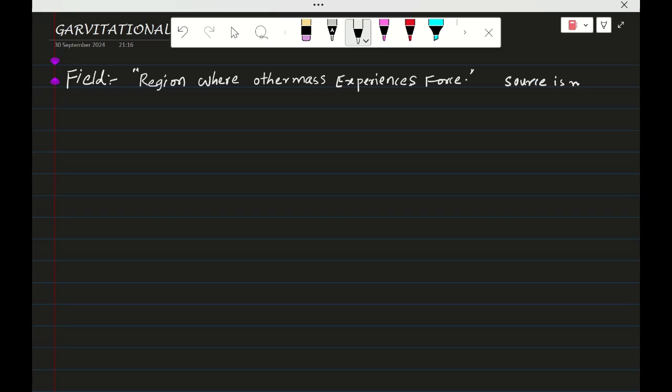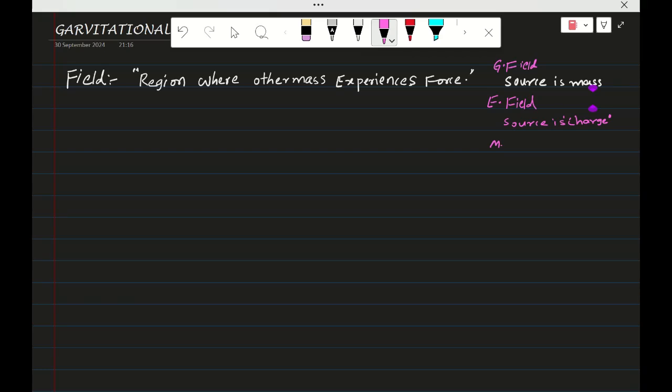The source is mass. So this is for gravitational field or force. Whereas if you come to electric field, the source is charge. The source is charge.